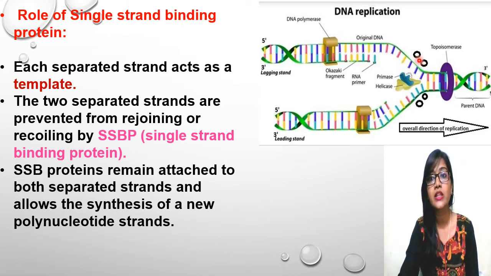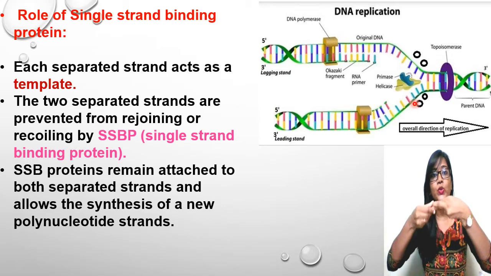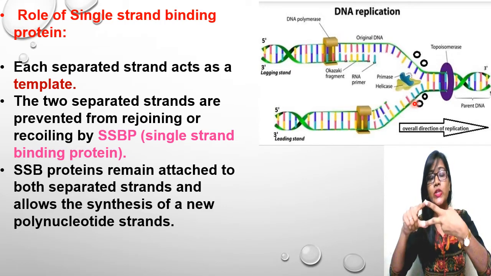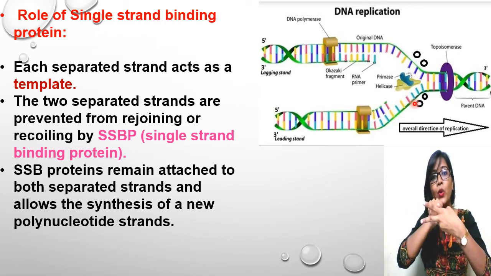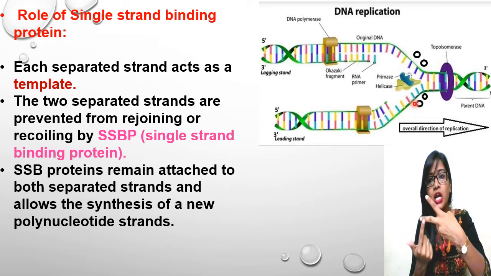Now see, these are the single strand binding proteins. This is a single strand of DNA, and this is another single strand of DNA. These single strand binding proteins bind the DNA strand. So when this double stranded twisted structure gets untwisted, at a certain point this is a separate single strand and this other is a separate strand.